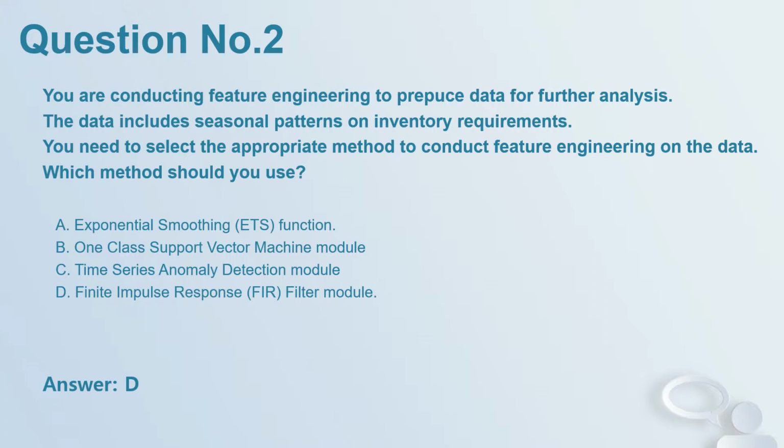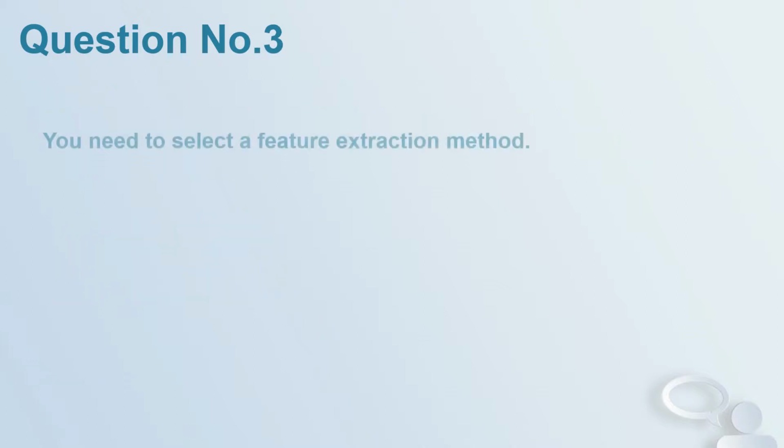A. Exponential smoothing (ETS) function. B. One-class support vector machine module. C. Time series anomaly detection module. D. Finite impulse response (FIR) filter module. Answer: D.